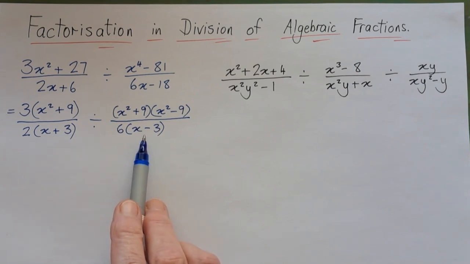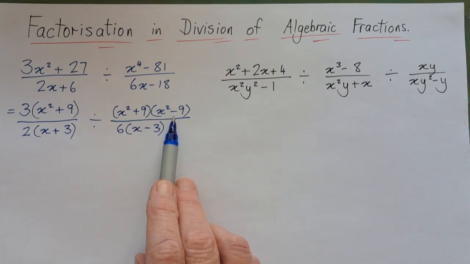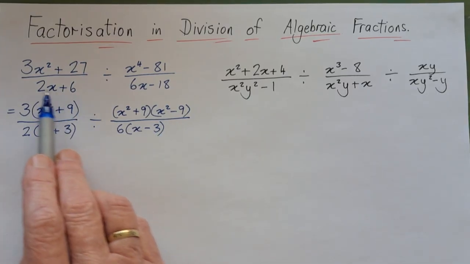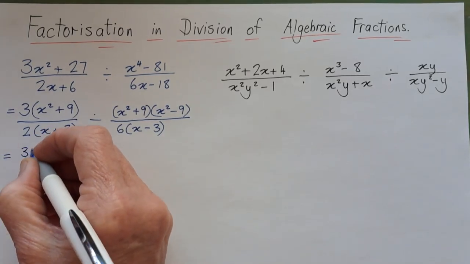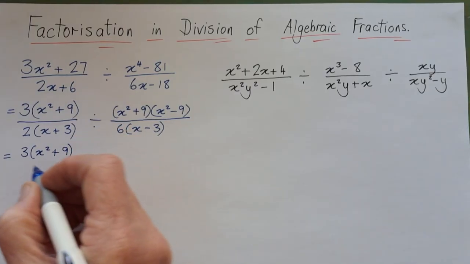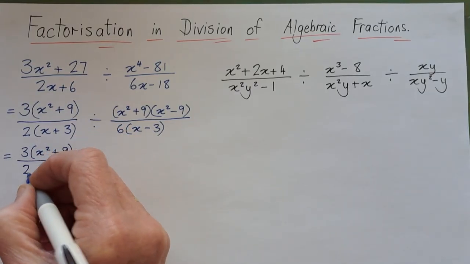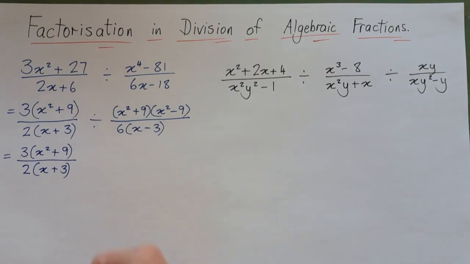Simple binomial, another sum of two squares. Here's another difference of two squares, so that one's going to be able to go further. So nothing needs to be done here, so we have to remember every time to write down the things that we're not using yet. We are going to use this later, but we need to keep bringing it down from one step to the next, otherwise we lose it.